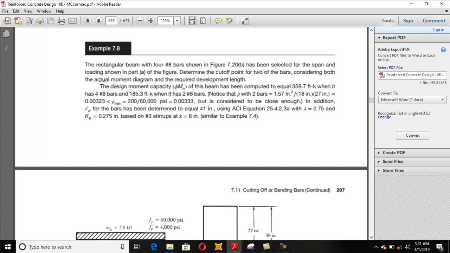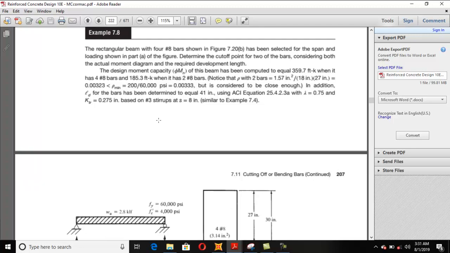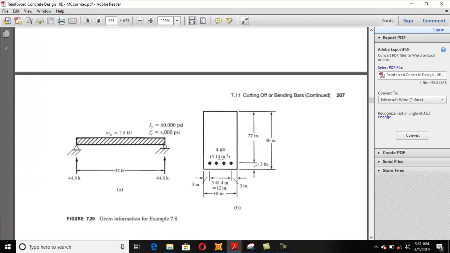Now we are extending our lecture to some depth on these cutting points. So basically the example is that we have a rectangular beam which has four number 8 bars, and the bars are shown in the cross section of the beam.